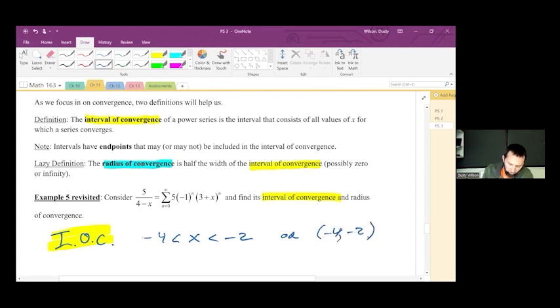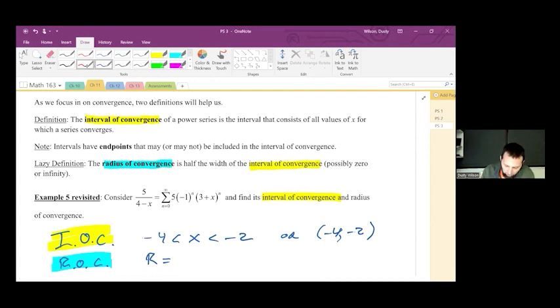The radius of convergence, which I'm going to abbreviate ROC, not to be confused with rate of change, is going to be given by R, and it's going to be half the width of the interval of convergence.